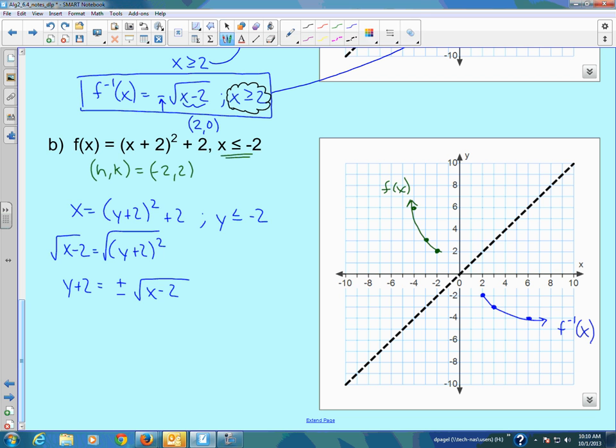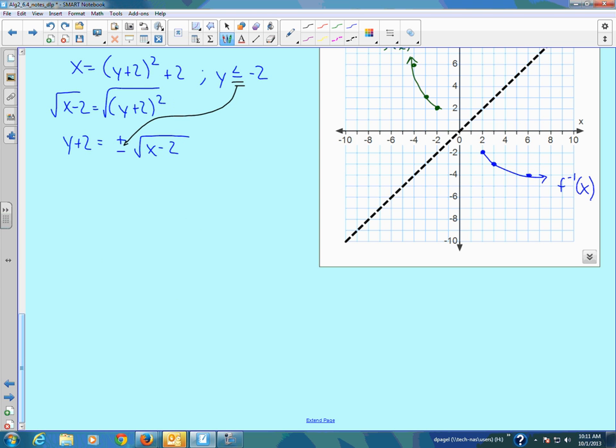And then here's where we decide which one we use. I'm less than, so that means I'm using the negative value. And we get y is equal to negative square root of x minus 2, minus 2, with a restriction. And once again, taking a look at the radicand, this cannot be negative.